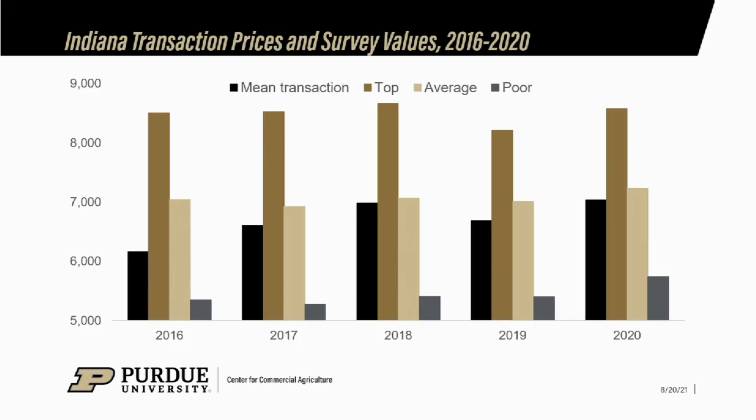So what I was mostly hoping to see was that the transaction record average price would fall somewhere in that range that we're seeing in the state. And you can see for most years it is hanging around close to the average. But that also implies that the land being transacted should hopefully be coming across all three of these different land quality classes.